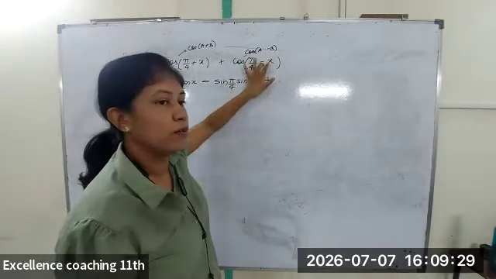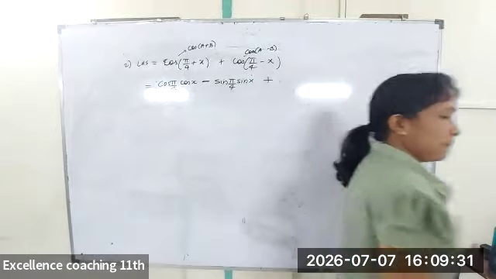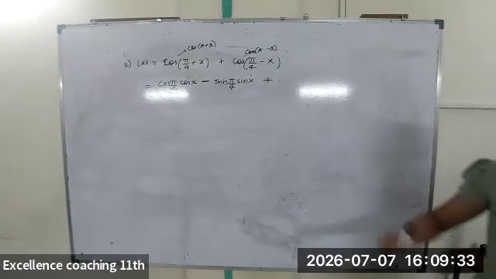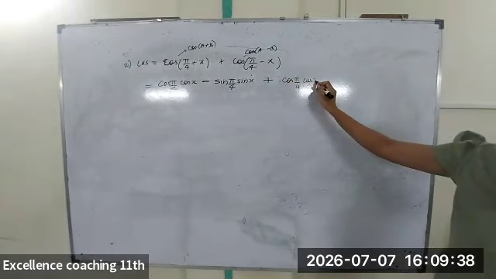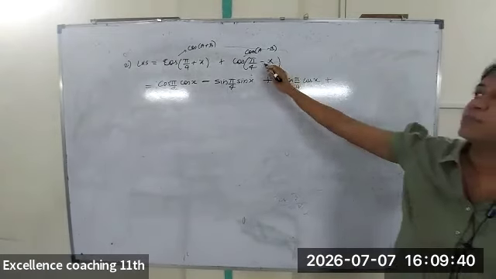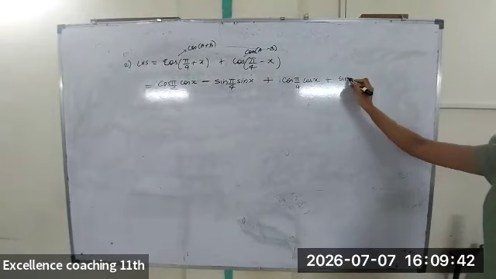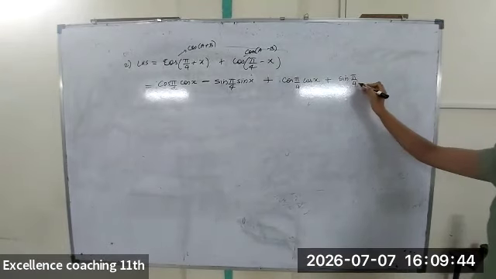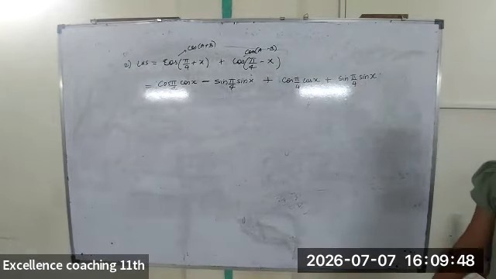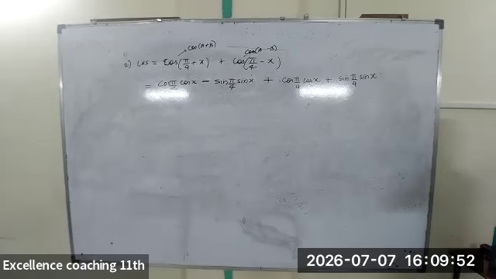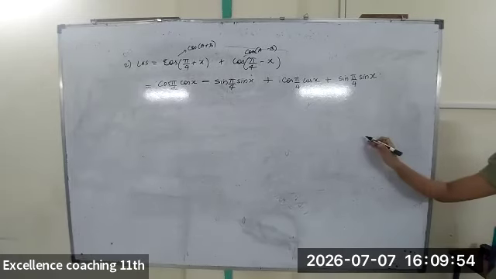Now, the same way we apply the formula for this. So cos pi by 4, cos x. Now this is the opposite: minus means this will be plus. Now put the values. Now tell me, what is pi by 4 in degrees? 45.